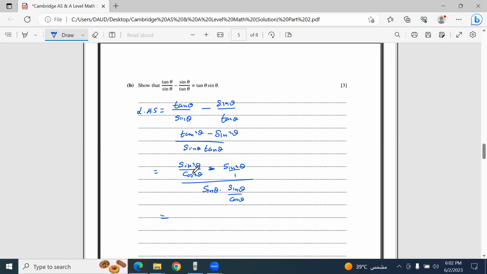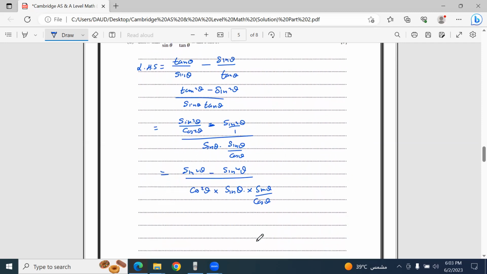Next step, we can take the LCM as cos square theta, so it gives us sine square theta minus sine power 4 theta over cos square theta, multiplied by sine theta into sine theta over cos theta.